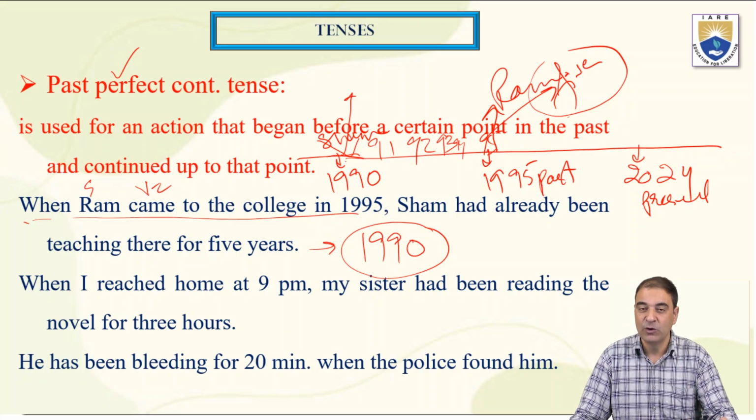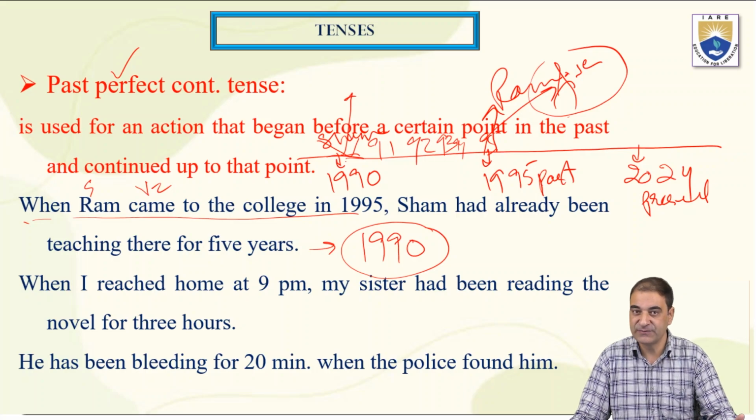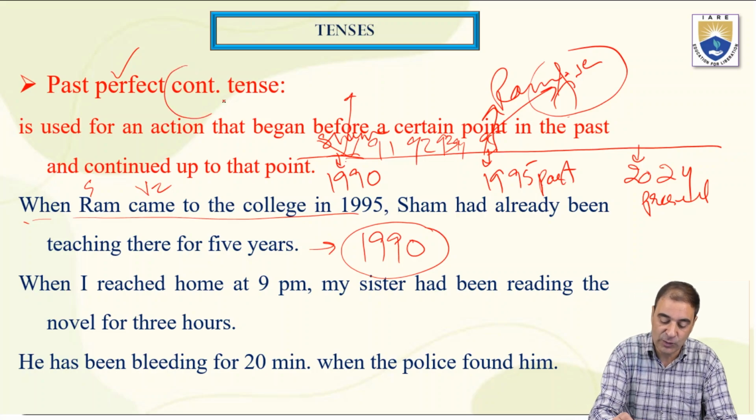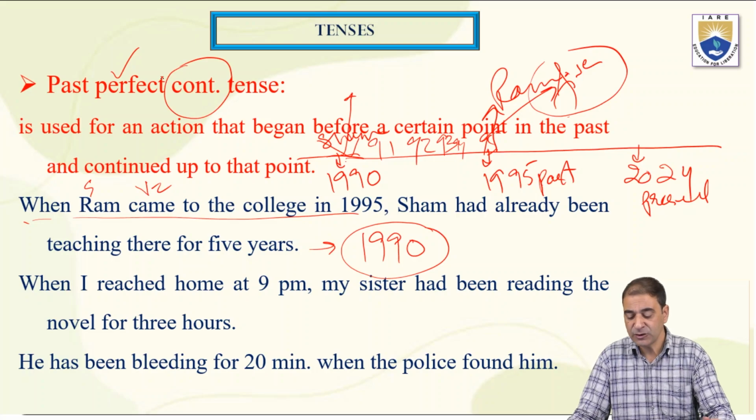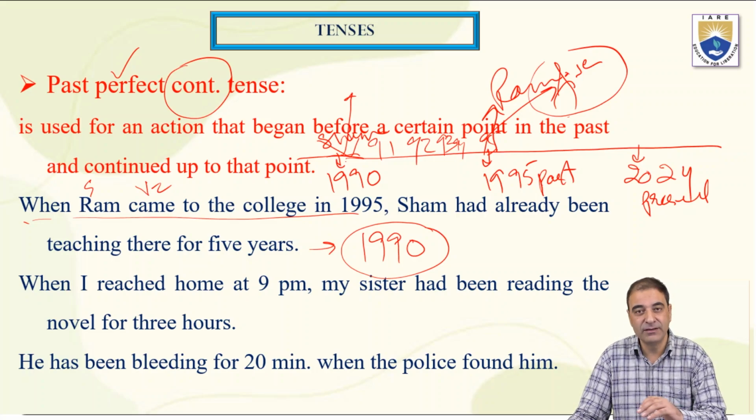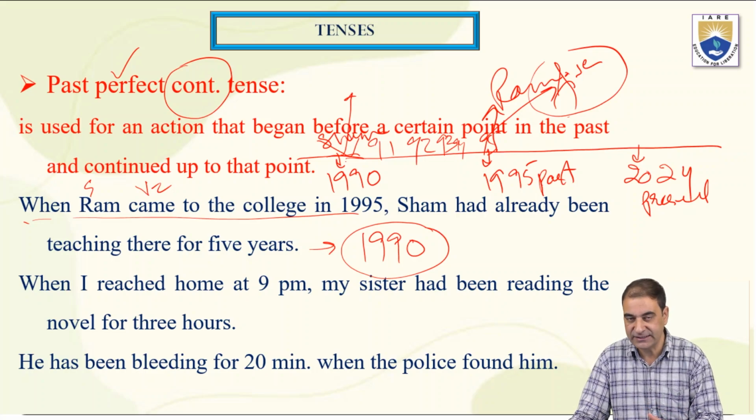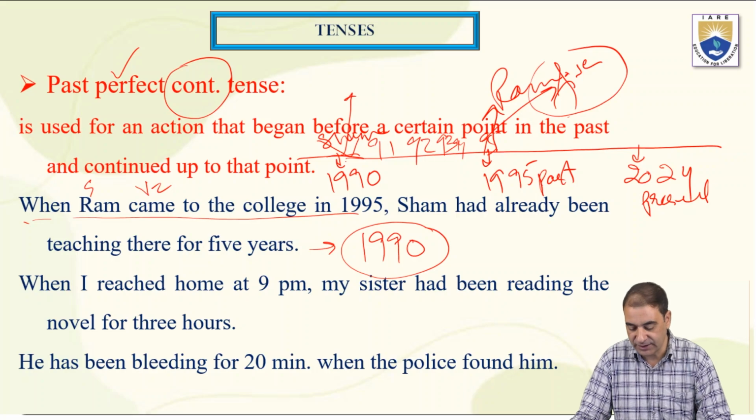As I told you, with the first action we use past perfect, and with the second we use simple past. But here you need to understand one more thing, that's the continuous. And this action, the working of Sham in the college, remained continuous from 1990 to 1995. That's why we call it continuous.